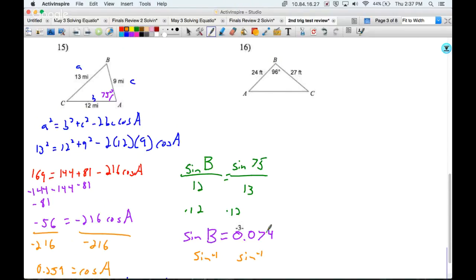All right. Sine of 75 divided by 13. Oh, I never multiplied that by 12. Okay, so at 0.074, I've got to multiply it by 12. That number should be 0.888.